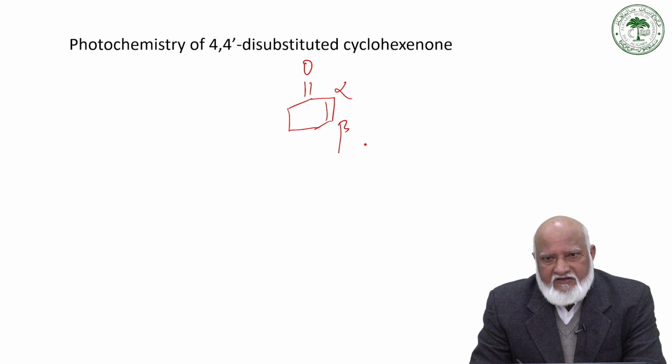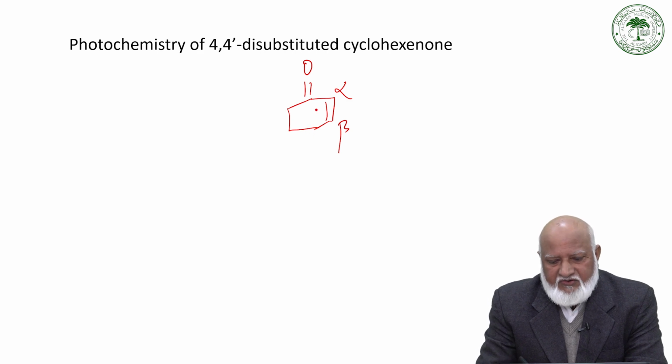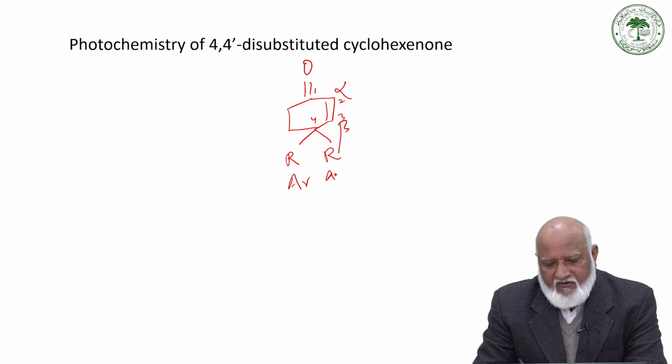It has been found that this system gives a very interesting photochemistry when the fourth position (1, 2, 3 and 4) is disubstituted, whether with an alkyl or an aryl group.